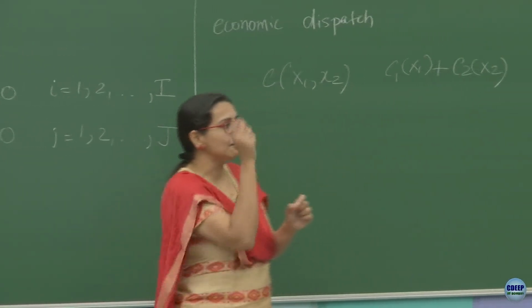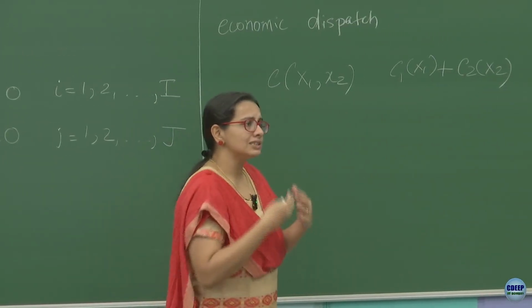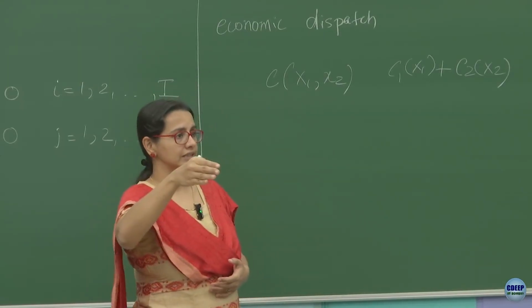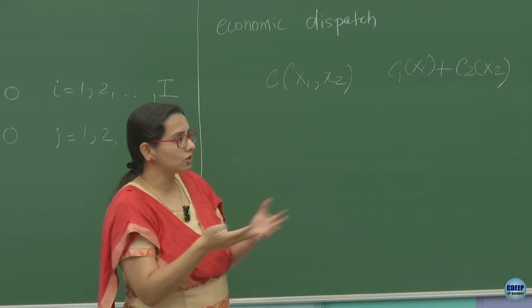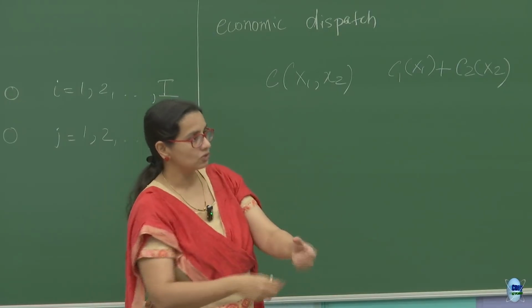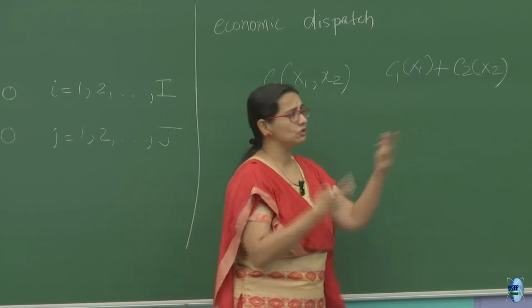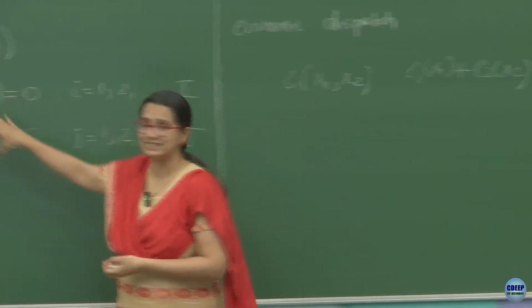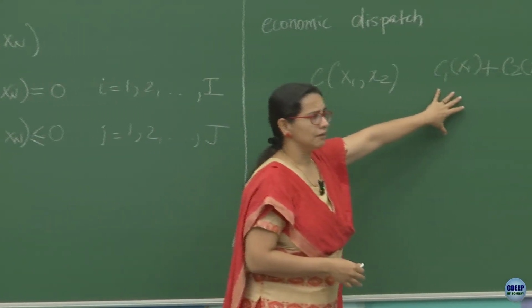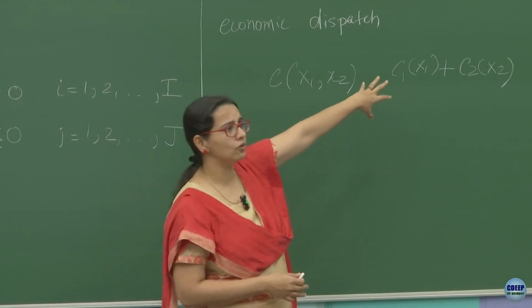The costs are purely going to depend on the load on each generator individually, not together. But together, they have to serve a common demand. So I have to figure out how x1 and x2 interact with each other through the constraints, not necessarily through the cost. So this may be a much easier way of looking at it.